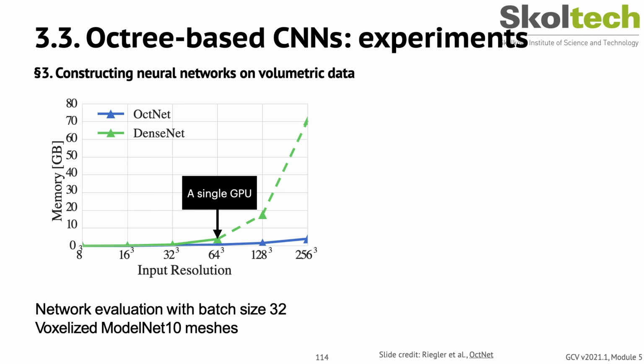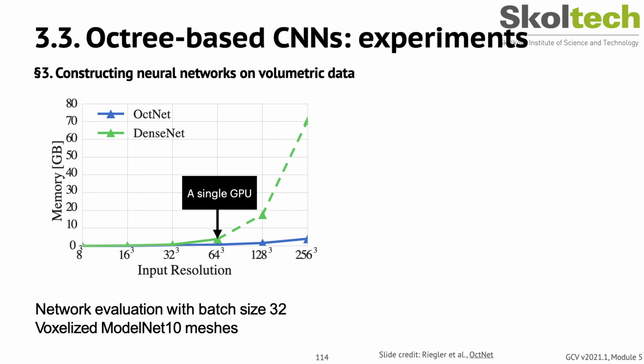To evaluate the octree networks, we can increase the input resolution for the network several times and see how the model performs in terms of memory efficiency on the GPU.